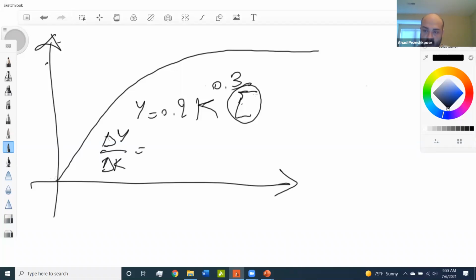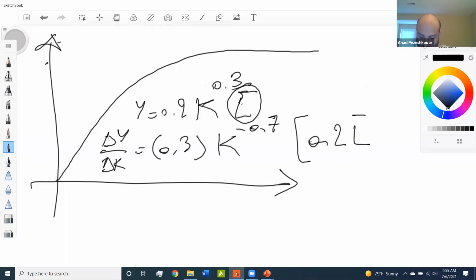If you remember, the power becomes a multiplier, 0.3, K with now minus 1 on the power, which is minus 0.7, multiplied by that constant, which is 0.2 L bar. This is how you take a derivative of an exponential function, if you remember from your math. It's a formula. I'll put some formulas on the Moodle if you need.